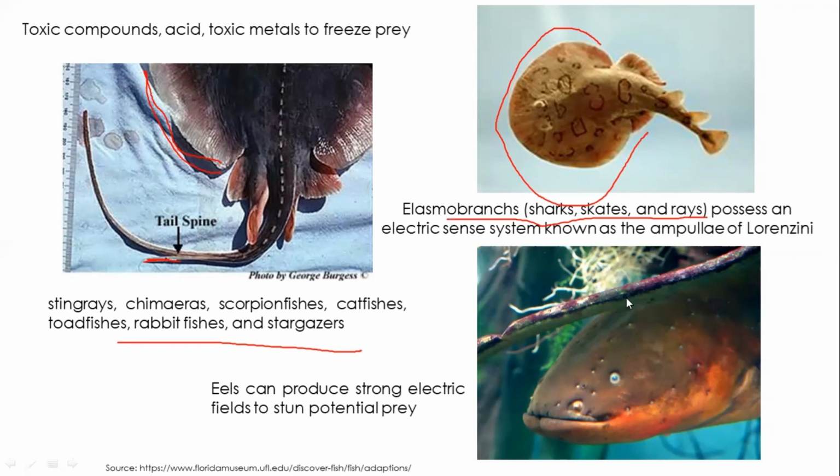Now, similar electric fields are also produced by some of the eels, that are called electric eels, right? So now you saw that there are some fishes which produce toxins, and then there are some fishes which freeze the prey by producing the electric current.